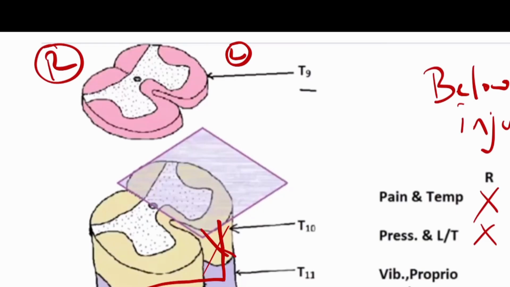Now, vibration, proprioception, and discriminative touch. On the right leg, let me change the color for this one. Remember, for this one, we got the little ganglion there. It comes in and it goes up the same side.